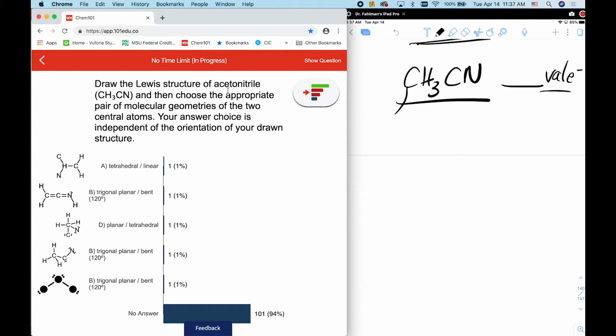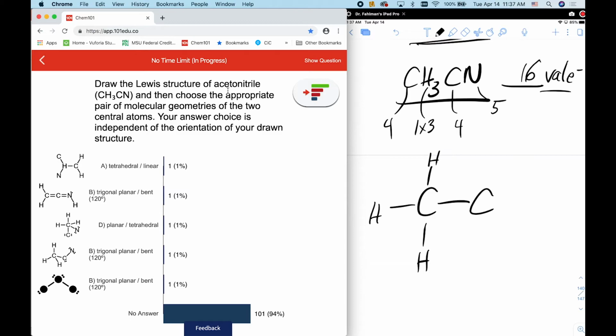And so we've got 4, 1 times 3 for hydrogens, another 4, and then another 5. So what is that? 9, 10, 11, 12, 16 valence electrons. And so then you put your bonds here. You have hydrogens bonded to the carbon, and then you're also going to have a carbon and then a nitrogen.